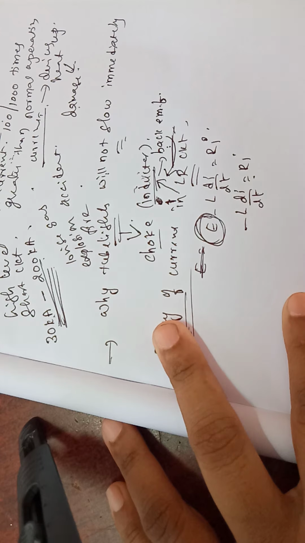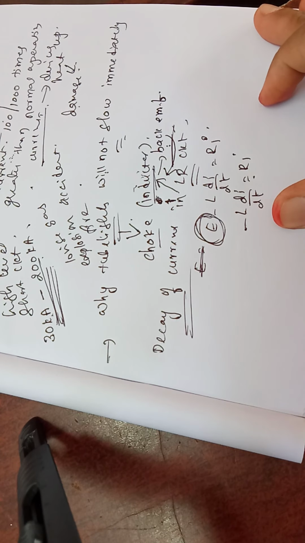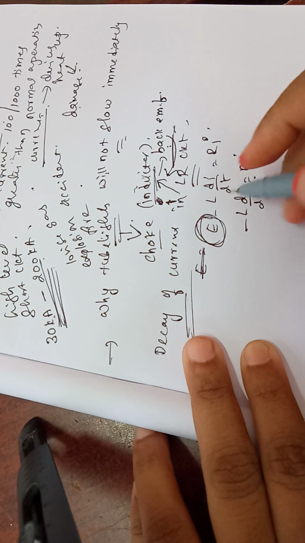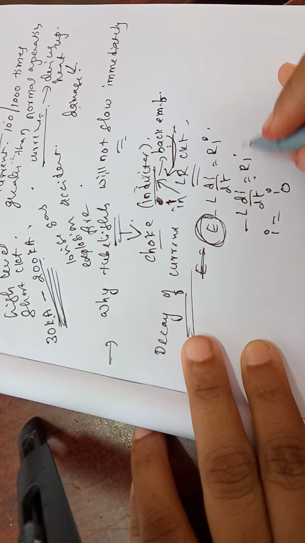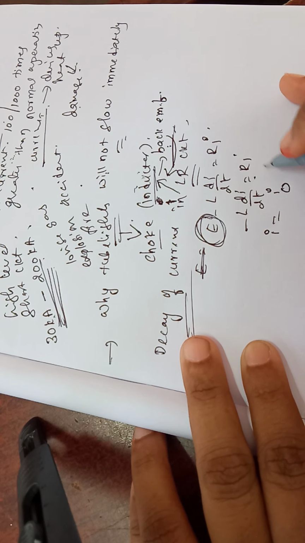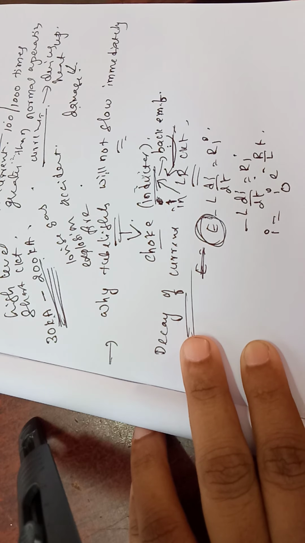After doing certain mathematical calculations, the decay of current formula comes out to be I equal to I naught e to the power of minus R by L into t.